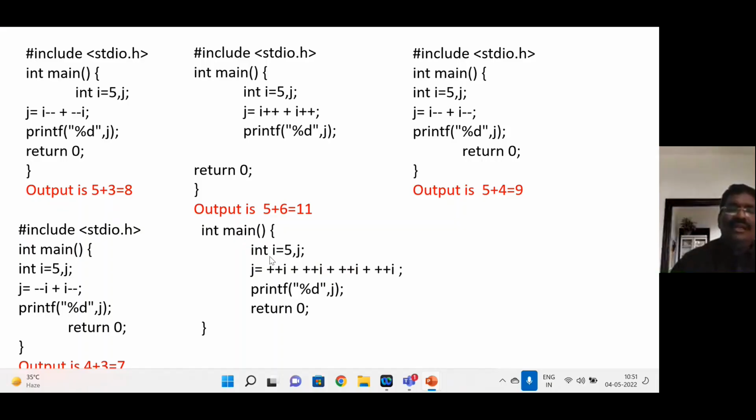So int main, int i is equal to 5, comma j. j is equal to ++i + ++i + ++i + ++i. All are pre-incremented.